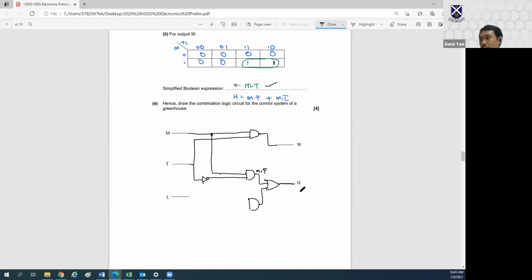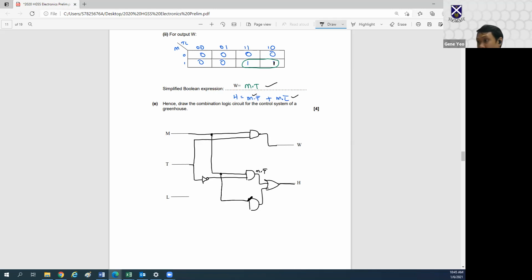Using that break, the rest of you should have tried the next part. We have finished with M and T complement. Now it's M and L complement. So you can draw out one node here.